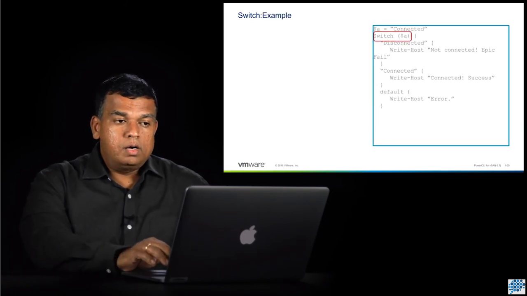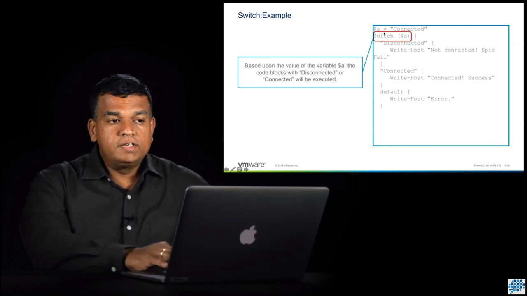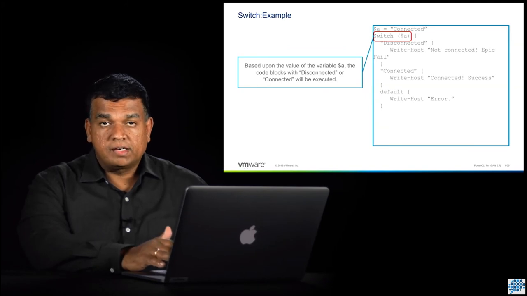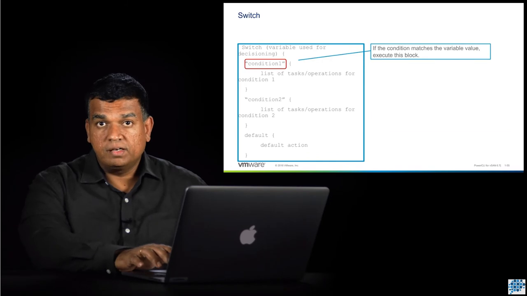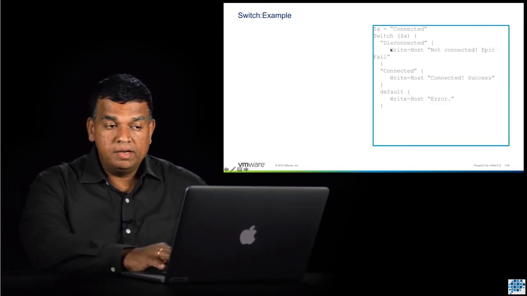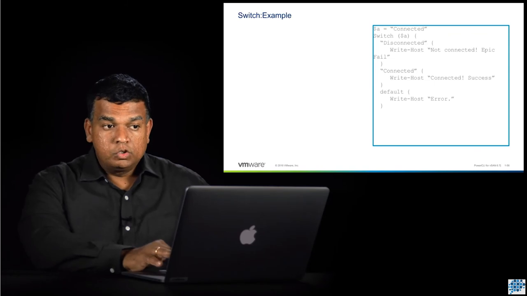What I'm doing is using this variable a as the condition. In the switch statement, we need something for the condition, and we are using this variable called a, and based upon the value of that variable, we will perform various operations.